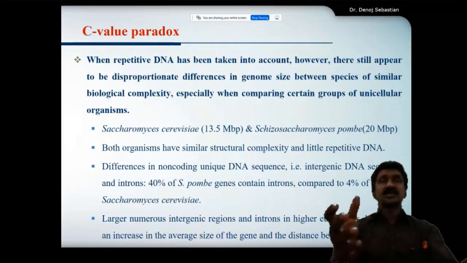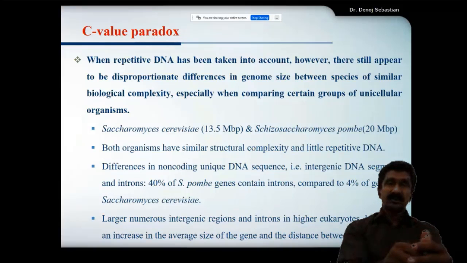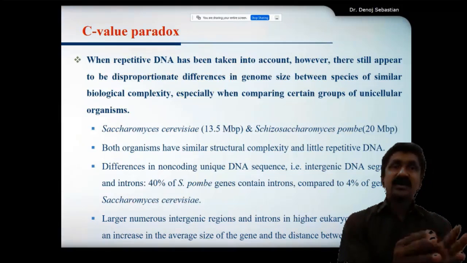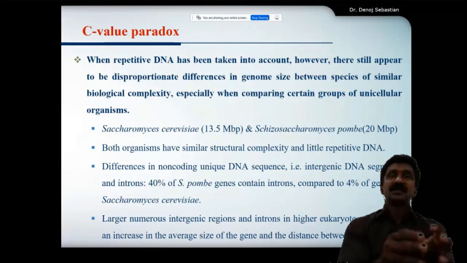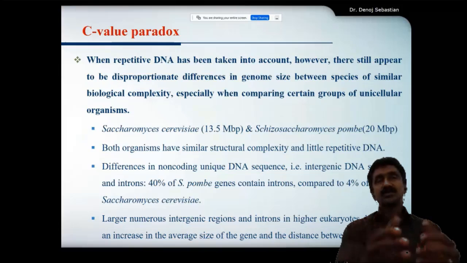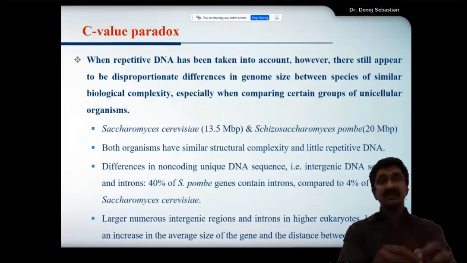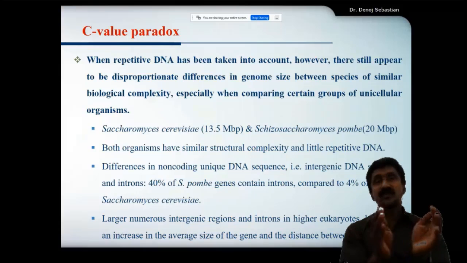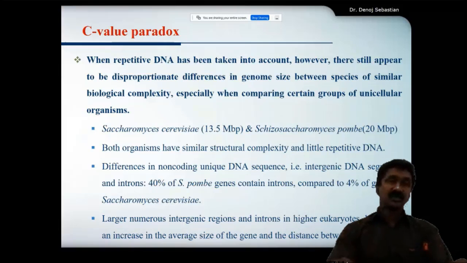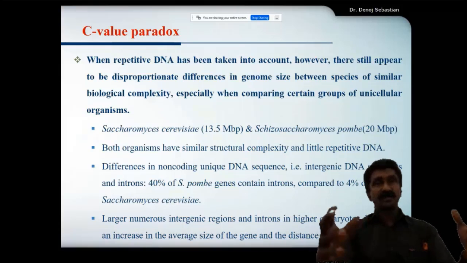With the difference in the size of the intron sequences, the overall length of the gene will increase, and that will contribute to the difference. 40% of the S. pombe genes contain introns, whereas only 4% of genes of S. cerevisiae have introns. So it is not about repetitive DNA or such other regions. Even the difference in the quantity of introns within the same genus may contribute to a significant size difference. A classical example is S. cerevisiae and S. pombe and their size difference.